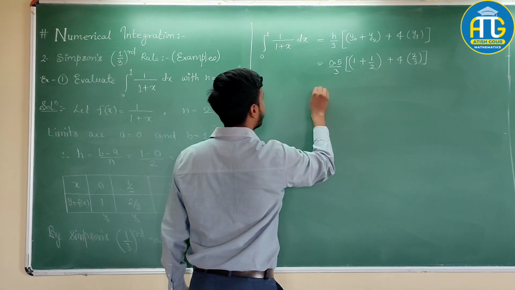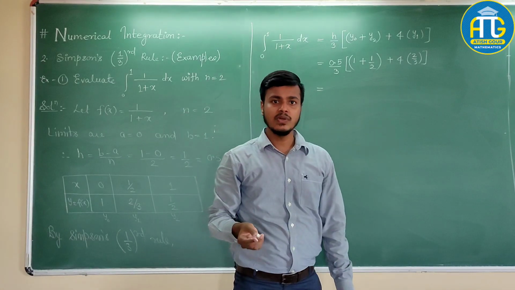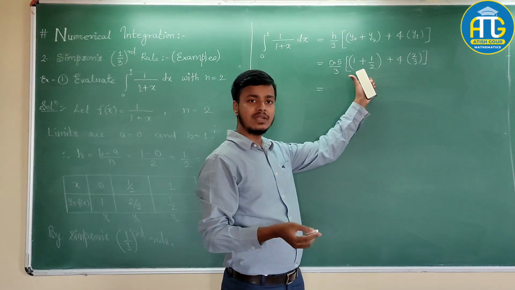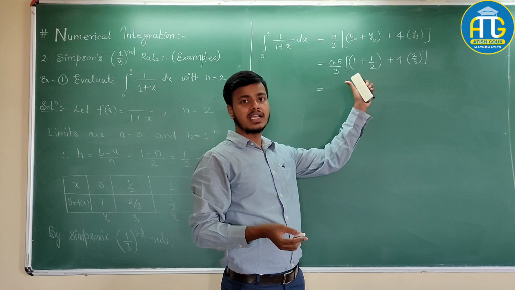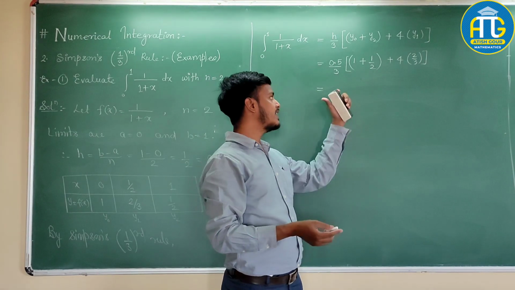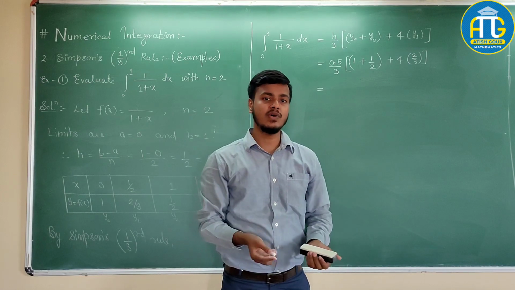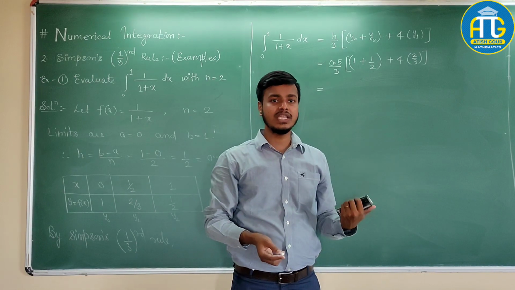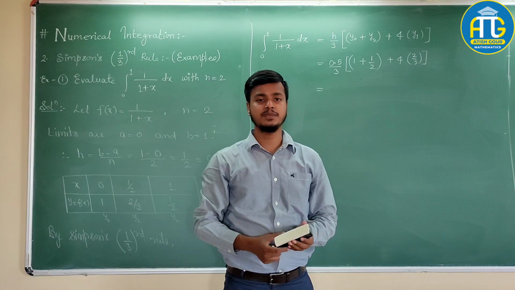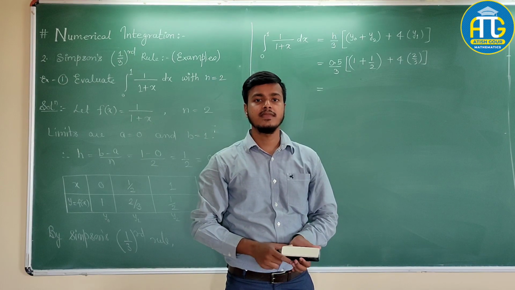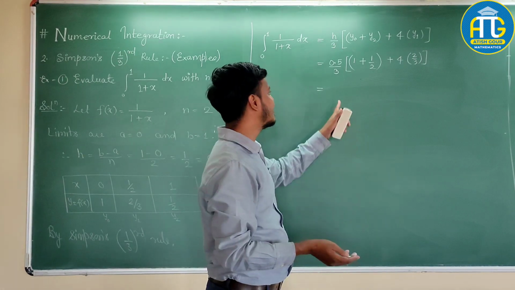I want you to pause the video for a few seconds, do these calculations, and come up with your answer. I will write the answer and you can check whether you have got the correct answer or not. So do the calculations and then resume the video. I hope you got the answer.